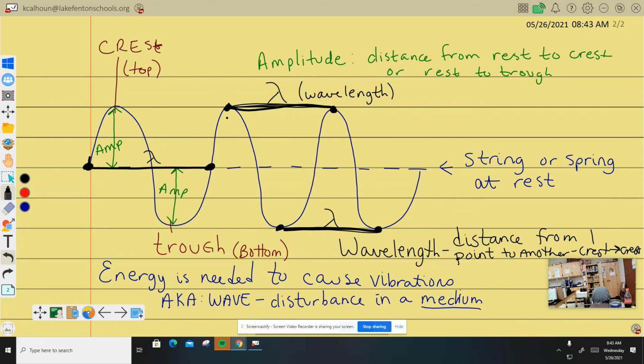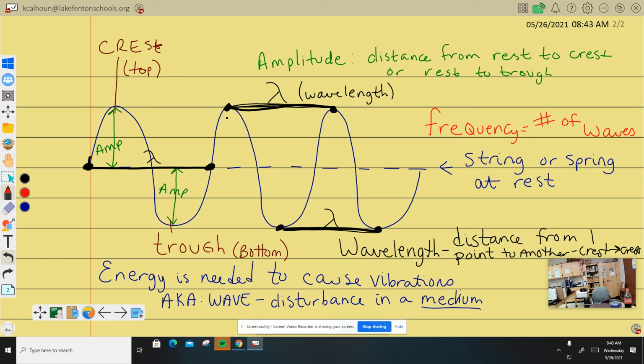Frequency is how often the wave occurs. Or I should say the number of waves. So let's go here. And I'm going to go frequency. Number of waves. Okay? Number of waves.